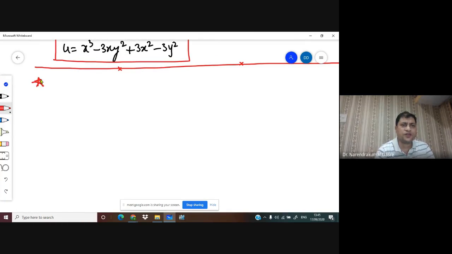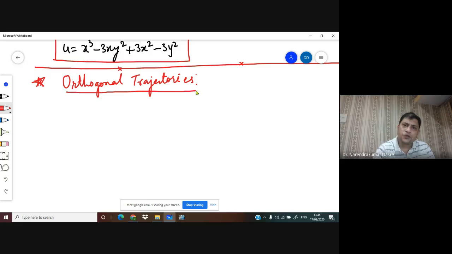Another concept related to harmonic functions is orthogonal trajectories.